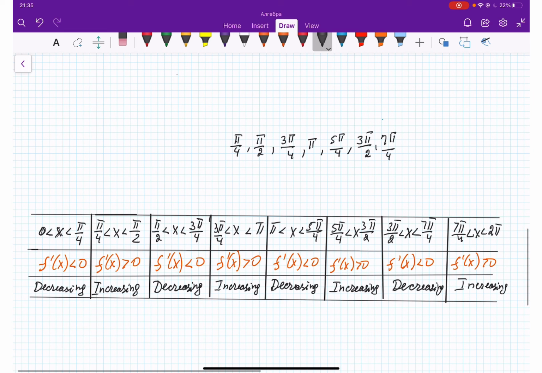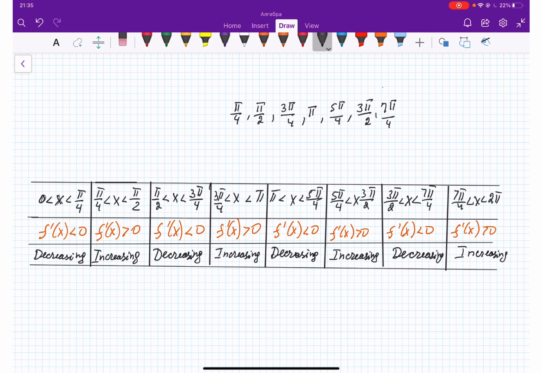There we go. So we have the table here, and you can see where the graph is increasing. Let me mark it down. The graph is increasing here, here, here, here. And the graph is decreasing here, here, this interval, and this interval.